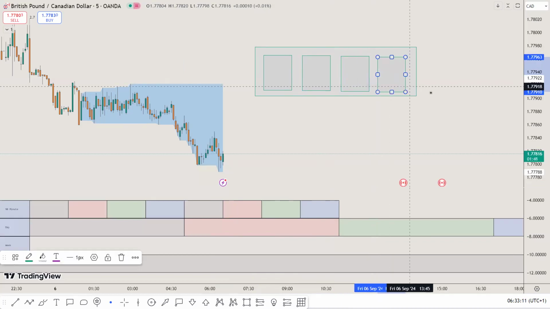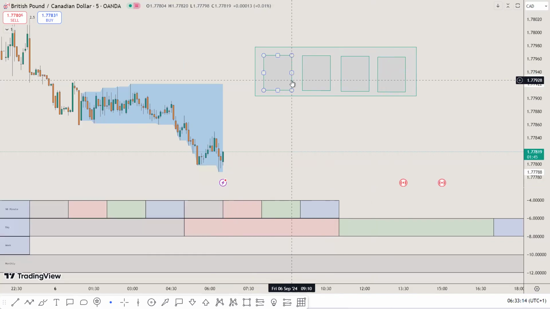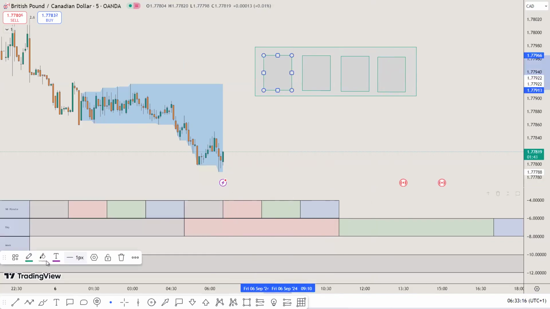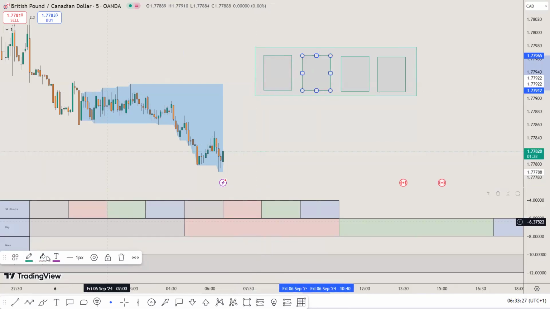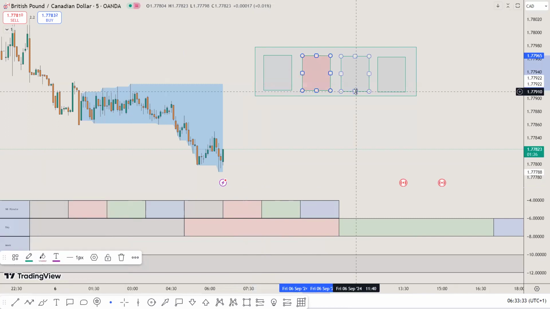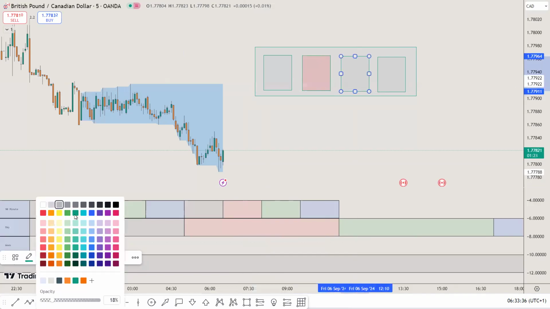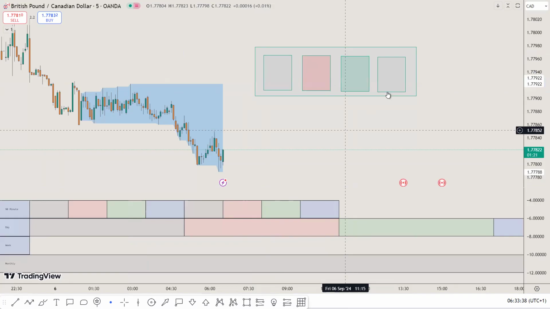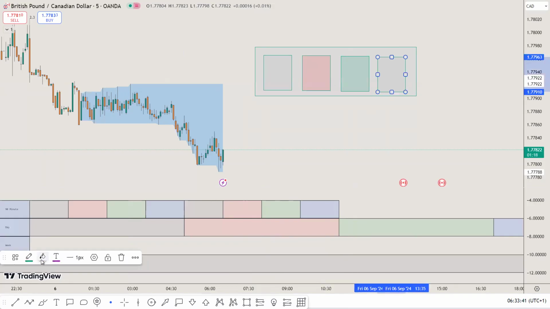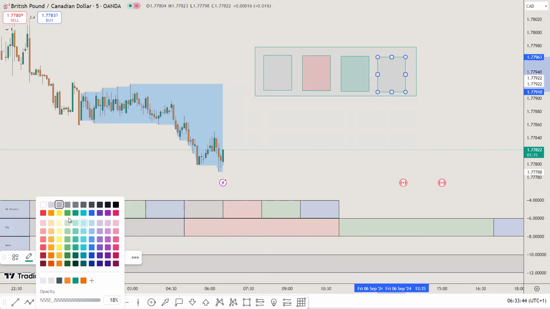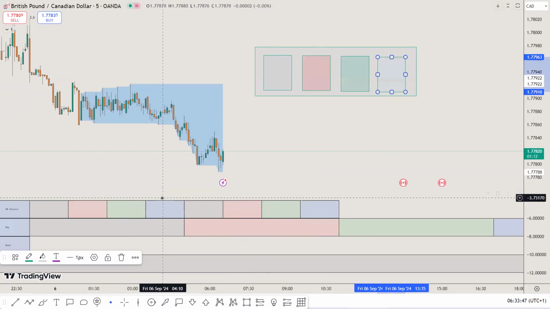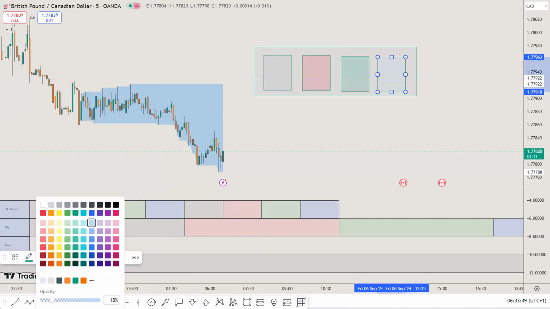So inside every month, just note that the first week of the month is always accumulation, which is usually gray in color. Then the second week is manipulation, red in color. The third week is distribution, green in color. And then the last week of the month is either reversal or continuation, blue colored.